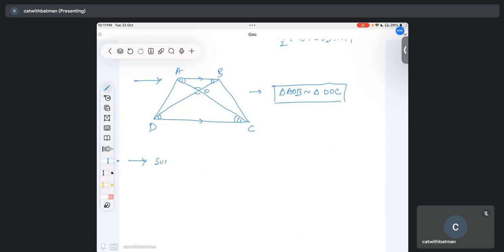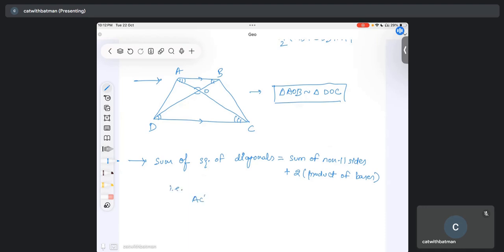Also, the sum of the squares of the diagonals will be equal to the sum of the squares of the non-parallel sides and 2 times the product of the bases.